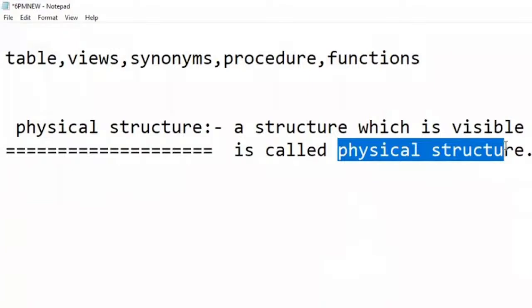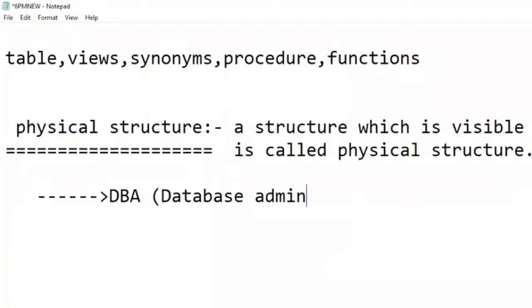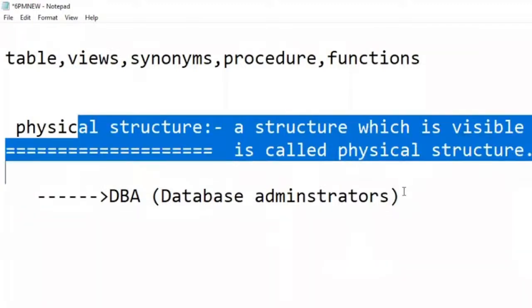But the physical structure, you and I are not working in it. Some different type of persons work there. Who? The DBA, the database administrator. In project side, some other type of persons are there in a database. Database administrators only work in the physical structure.